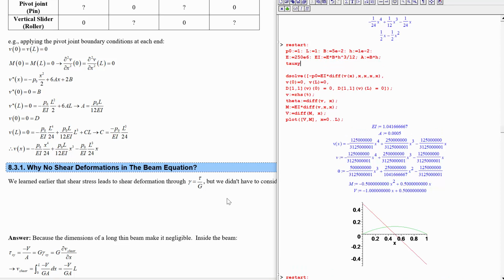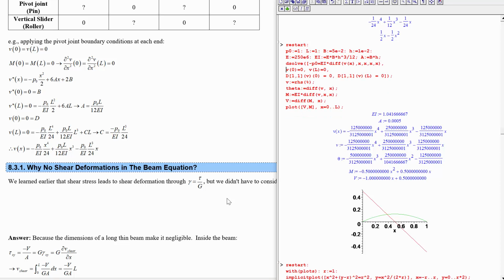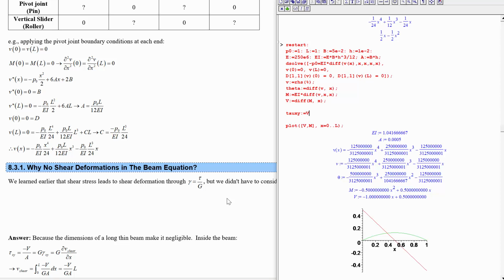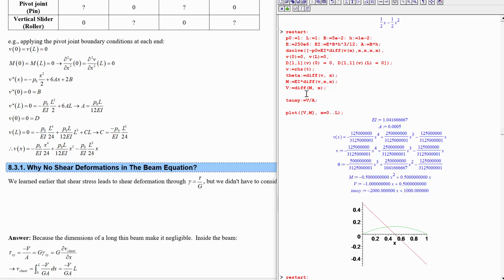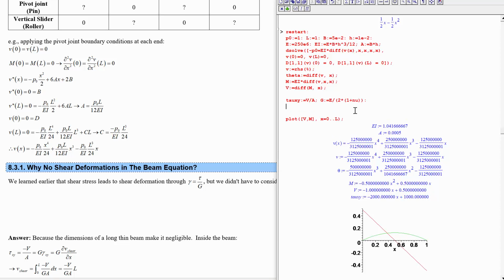Tau xy is equal to V, big V, over A. And then the shear modulus we could have found out at the beginning: G is E over 2 times 1 plus nu.